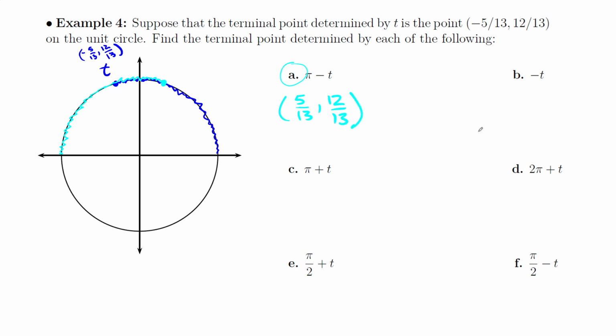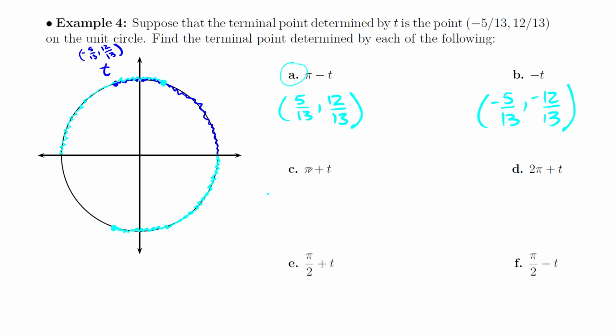If I go negative t, then that means I'm going the same amount as my original, but in the clockwise direction, so a quarter of the circle plus a little bit more. So it certainly seems like there we've got the same x's, opposite y's.